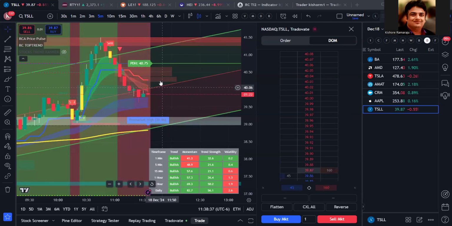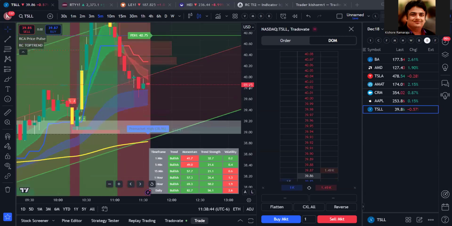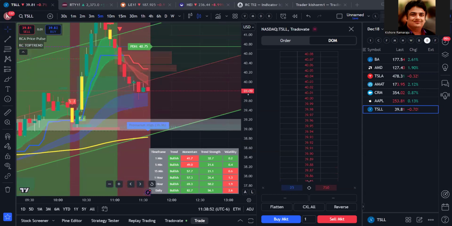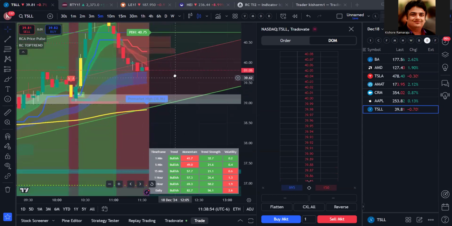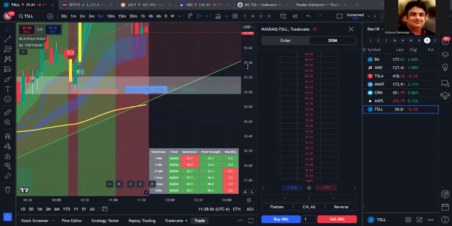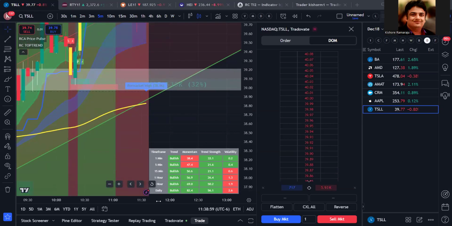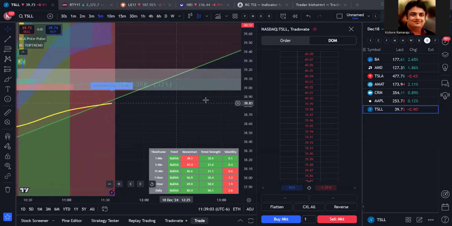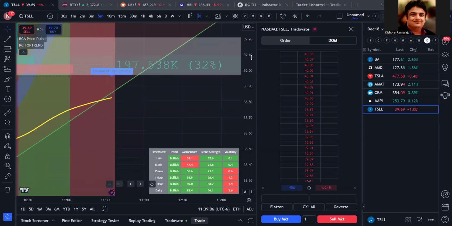There is a huge buy order block around $39. 197K buy order block is there.